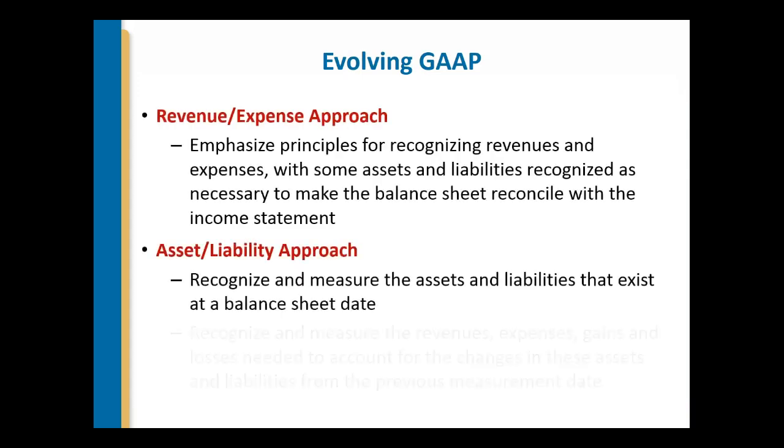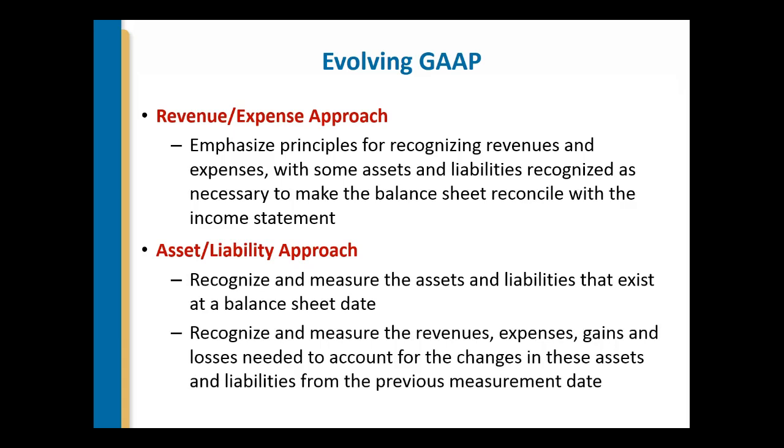GAAP continues to evolve. In particular, U.S. and international GAAP have been evolving over time from an emphasis on revenues and expenses to an emphasis on assets and liabilities. Now, we know balance sheet and income statements are intertwined and must reconcile with each other. However, which do we start with?